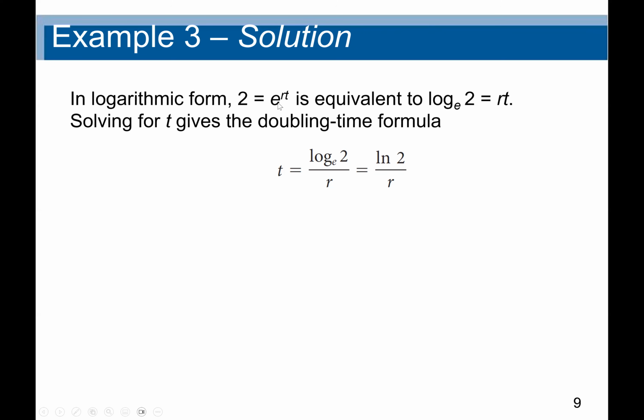So 2 equal to e to the power RT is the same as writing log base e, because the base is e, which is the natural log, of 2 equal to RT. Our goal is to find T. So T equal to log base e of 2 over R, because R is multiplied by T. When you cross the equal sign, it divides. So our formula will be natural log 2 divided by R.